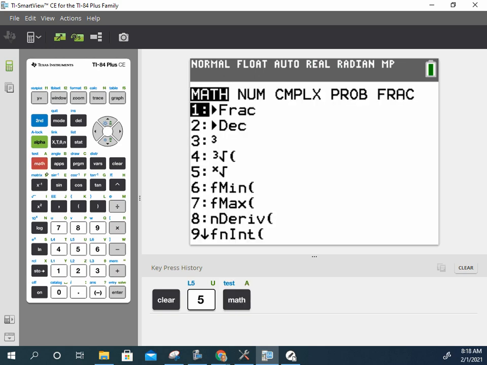Then you're going to go to math. The 5th option down is what you would use for roots that are bigger than 3. The calculator already has a square root key. The calculator already has a cube root key. For anything higher than the number 3, you use the 5th button down.